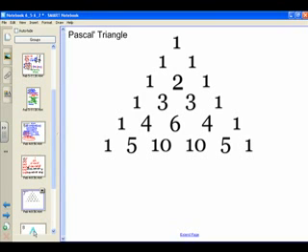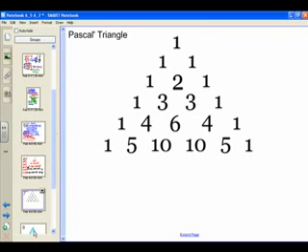The pattern of the numbers is something called Pascal's triangle. These are all the numbers we saw before.